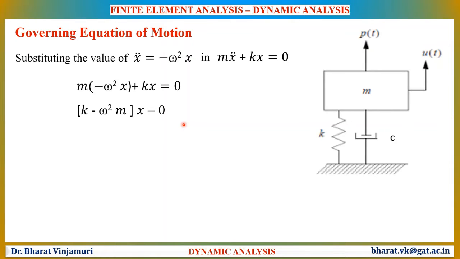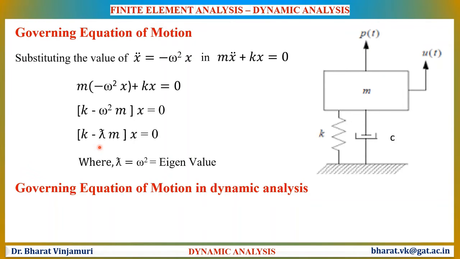This equation can also be written in simple terms by using eigenvalues: K minus lambda m multiplied by x is equal to 0, where lambda is called the eigenvalue whose value will be equal to omega square. Thus, the governing equation of motion which we'll be dealing with throughout this subject will be k minus lambda m multiplied by x is equal to 0. Here x represents the displacement of the structure.